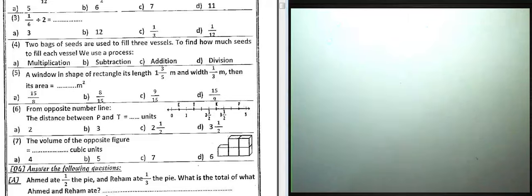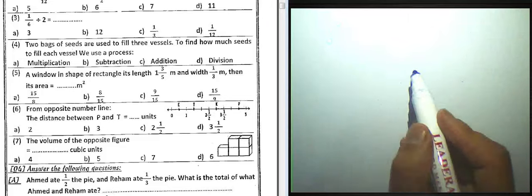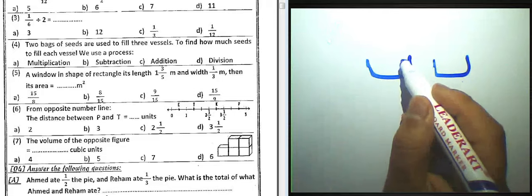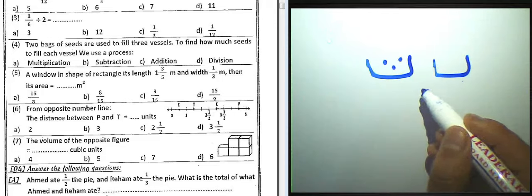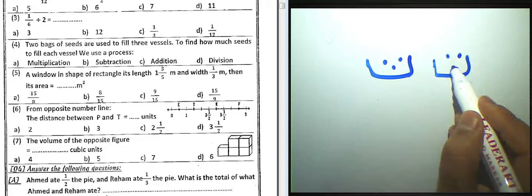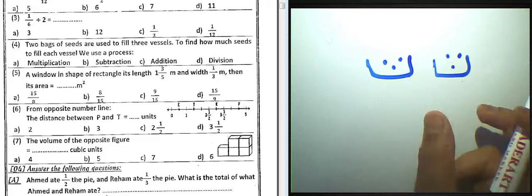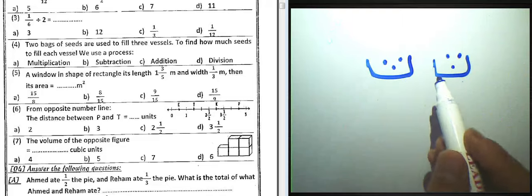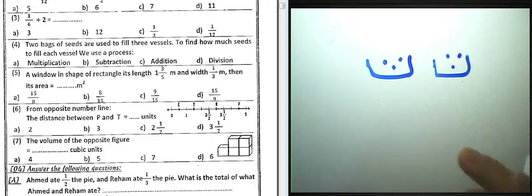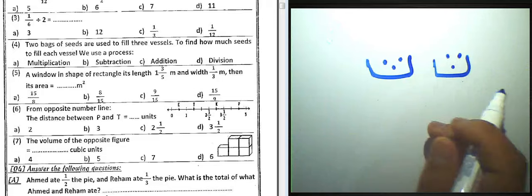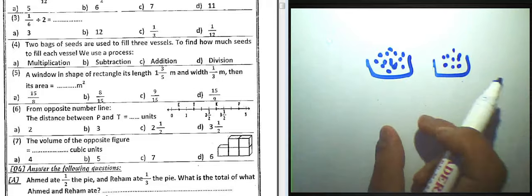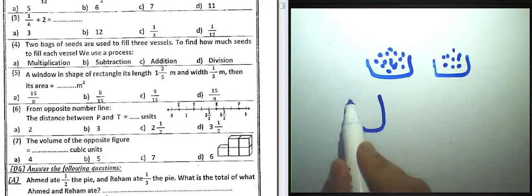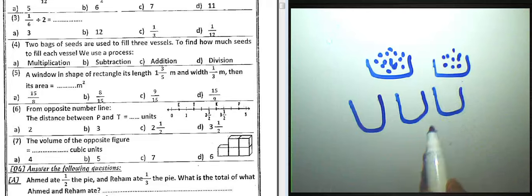Look here, we have 2 bags, and each bag has seeds. We want to put the seeds in 3 vessels: 1, 2, 3.